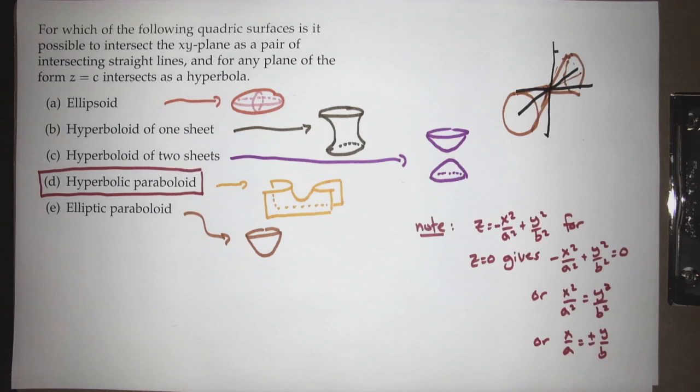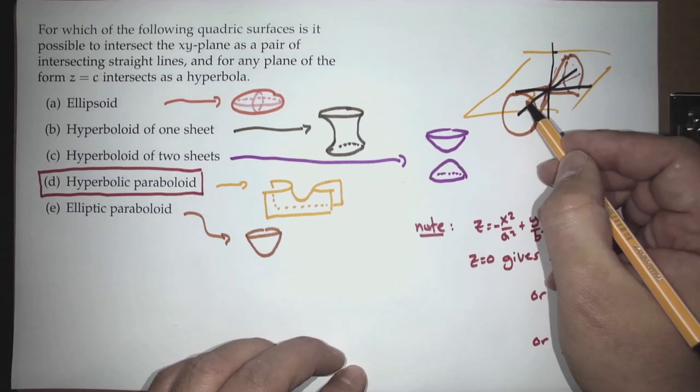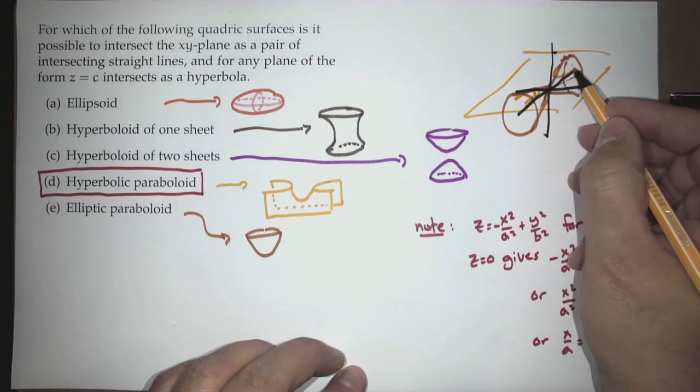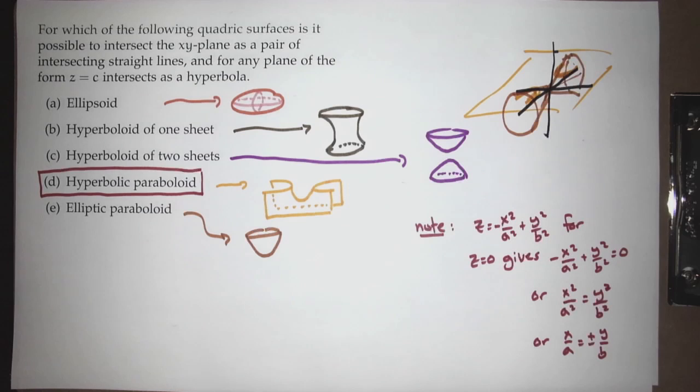It turns out there's a nice fact: hyperbolas are what are known as a conic section. A conic section means you get it from slicing a cone. So if you move up your z a little bit, you're going to get a hyperbola.